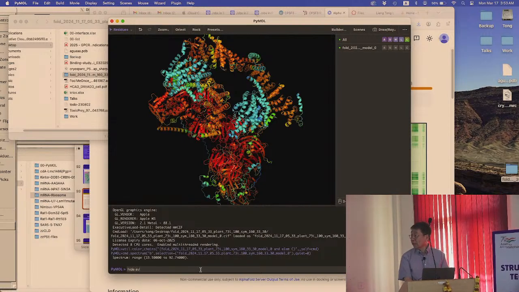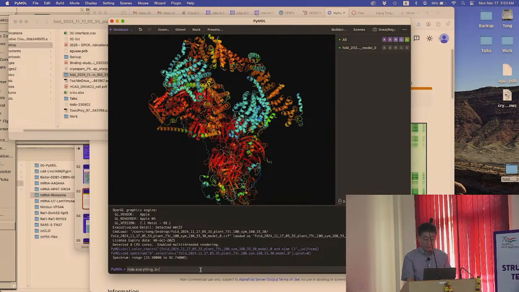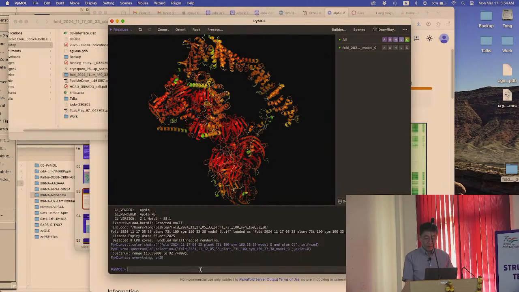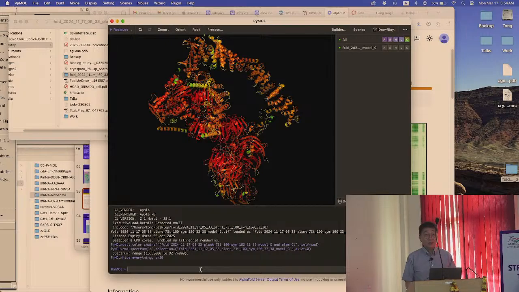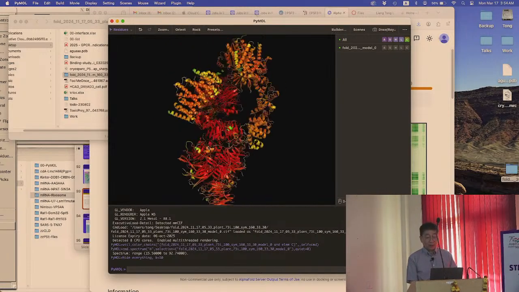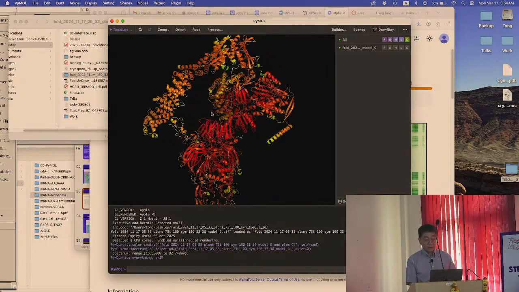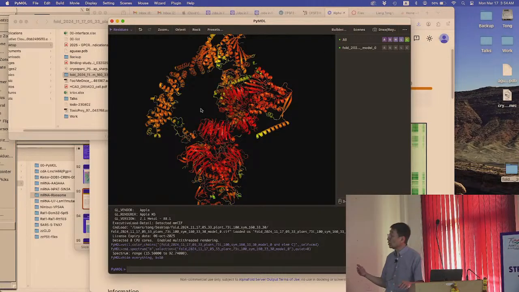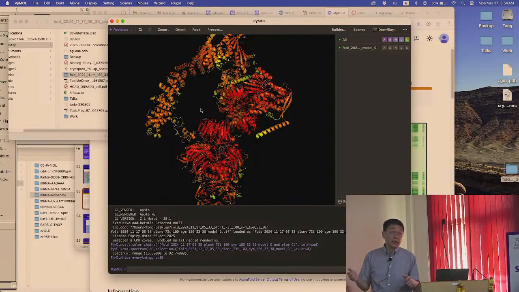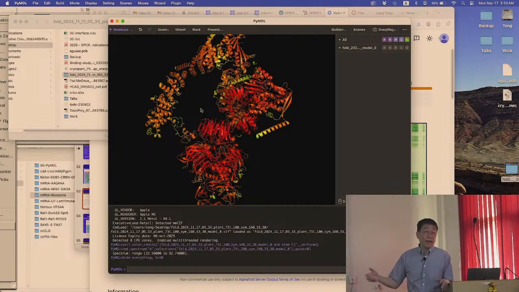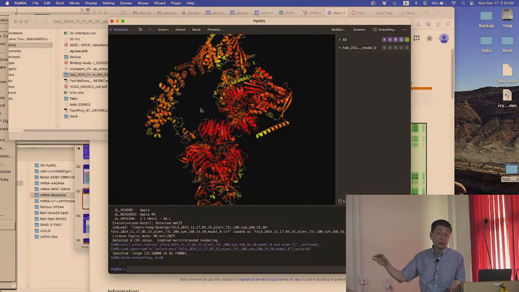You can hide everything with B less than 50. They're all gone. So now you look at only the part that has good confidence, and then you can analyze your structure and get insights based on that, so you're not biased by the parts that are low confidence.